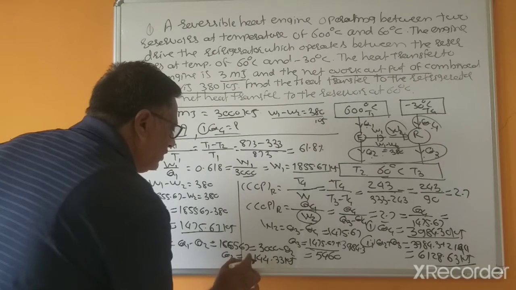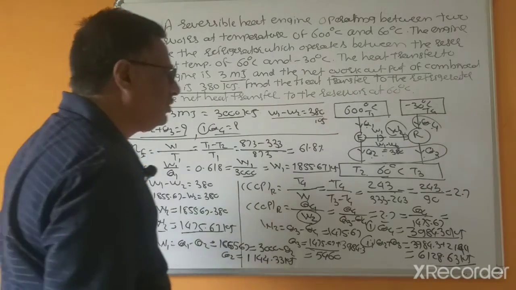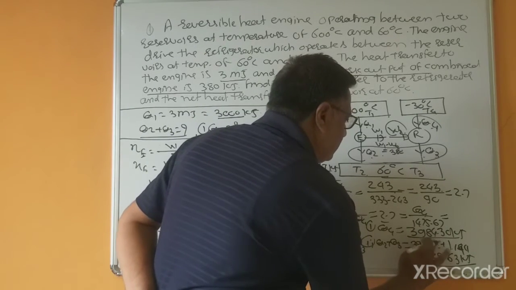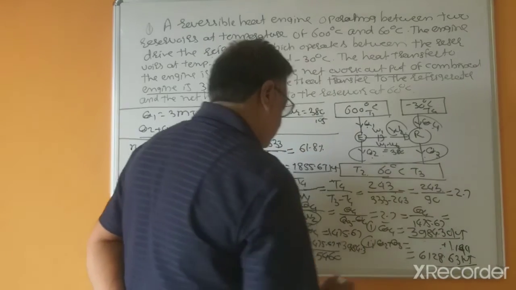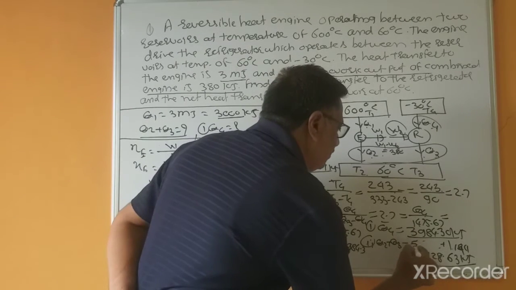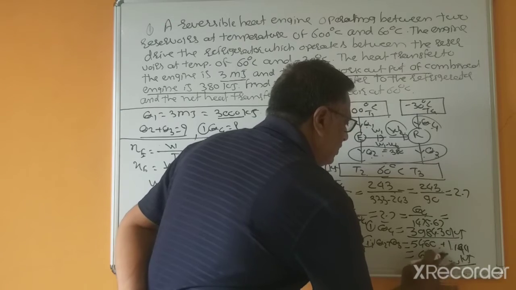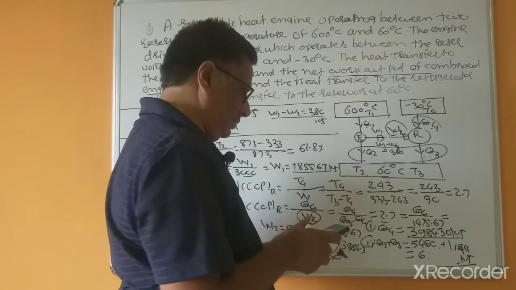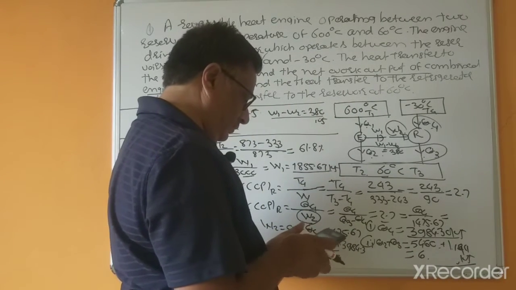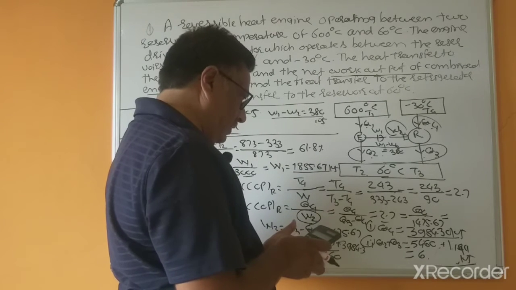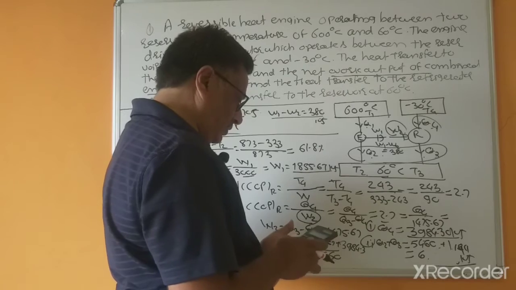This is 1144, and Q3 equal to 5460 plus 1144.